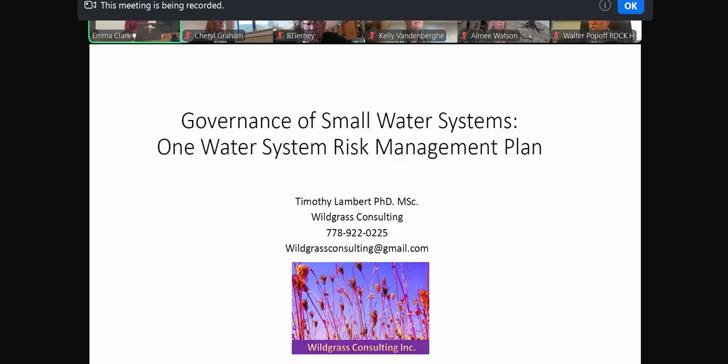The framing for that work and how I approached it, and you'll see the first slide is called One Water System Risk Management Plan. And so this is a title of some work that we did at the BC Ministry of Health over about 10 years to create one water system risk management planning, which is now a guideline on the engineering GeoBC website.